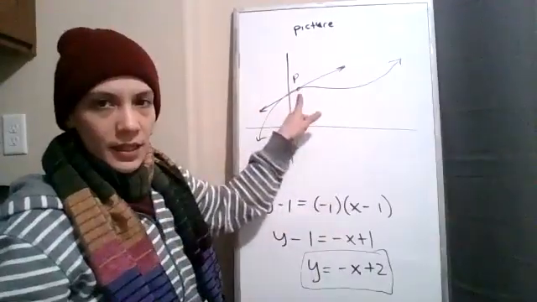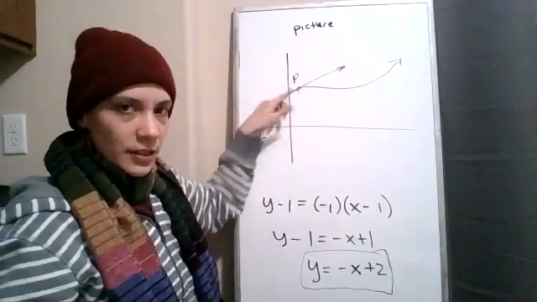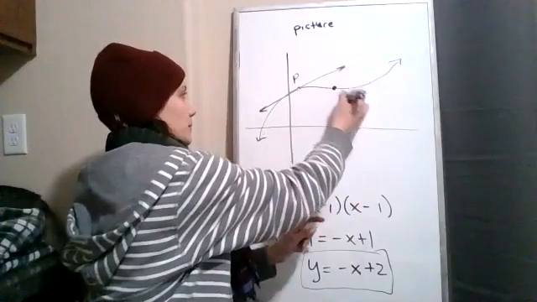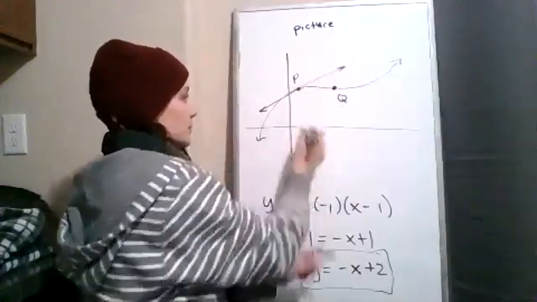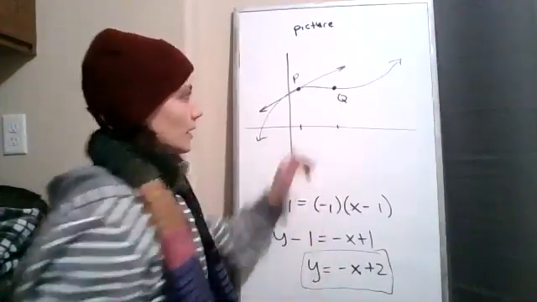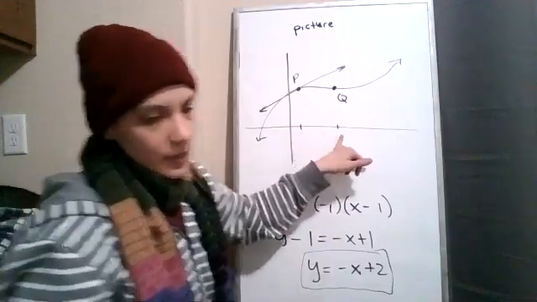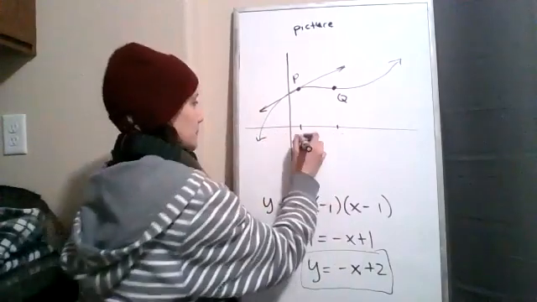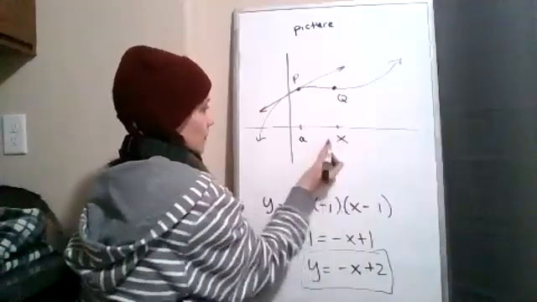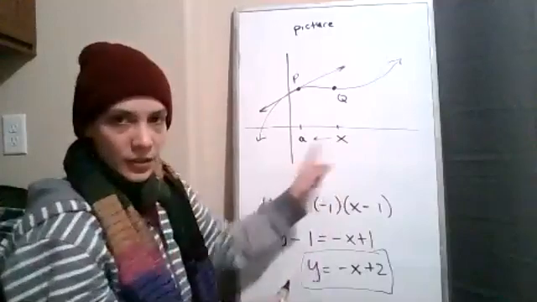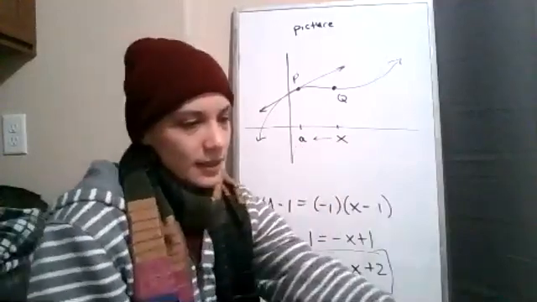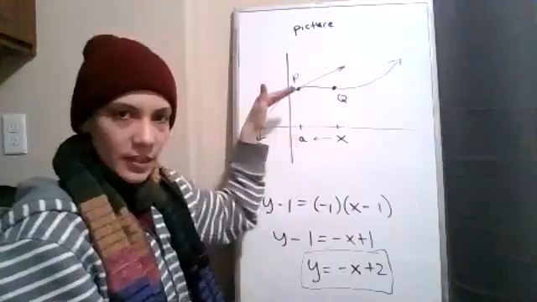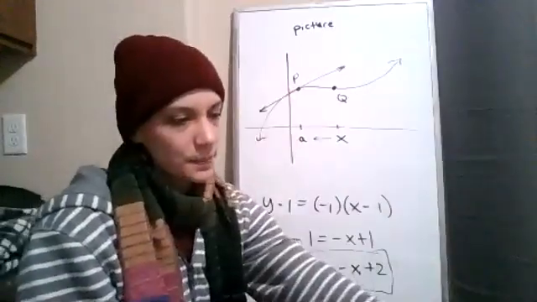So there's this point P, and then this is the line that's tangent to the curve at that point. And then we have the point Q over here. This is a, and this is x. We have x going to a to find the slope of the tangent line at that point P.